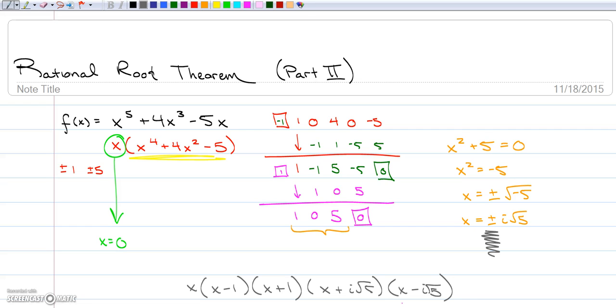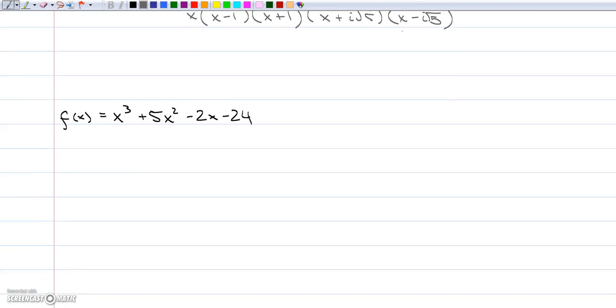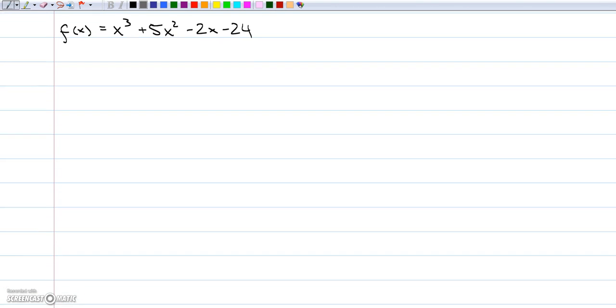Time for our second example problem. Again, I created the problem so I know how it's going to turn out. Trust the process. You should be able to tell me without a shadow of a doubt the only numbers that are worth checking this time are positive or negative 1, 2, 3, 4, 6, 8, 12, or 24.